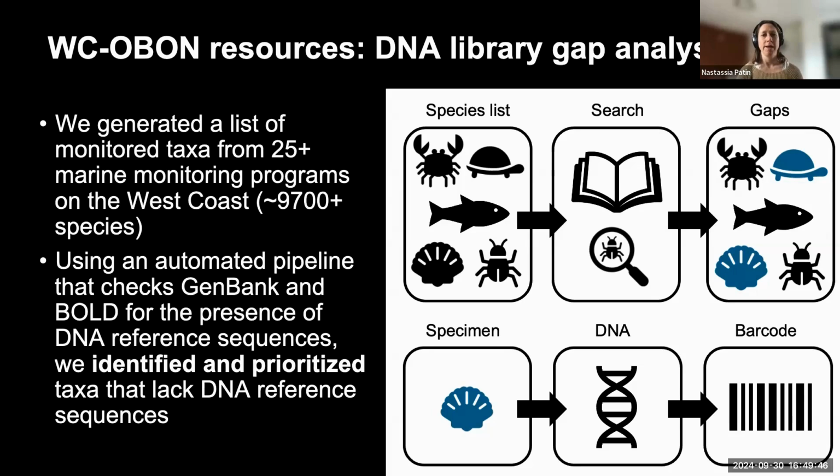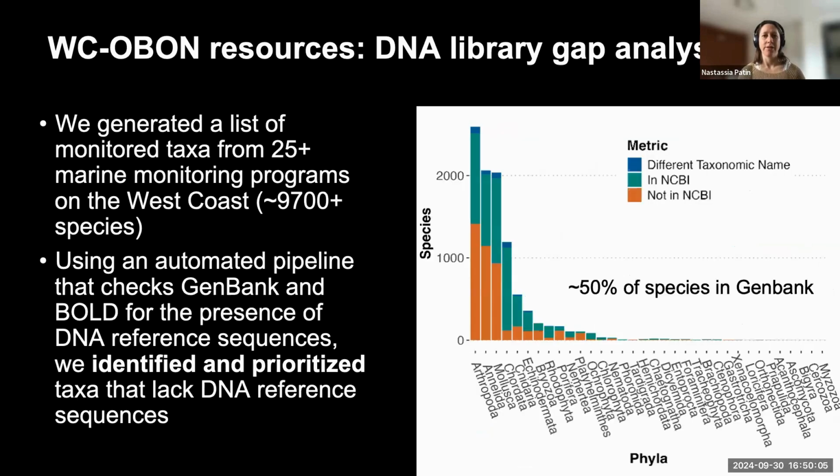So he contacted all of them and generated a list of most valuable monitored species. And then using an automated programmatic pipeline, he could systematically check both GenBank and BOLD for DNA reference sequences linked to this list of priority taxa, and then using that information could do this gap analysis, letting us know what is and is not present already in the databases and what we should focus on getting in there.